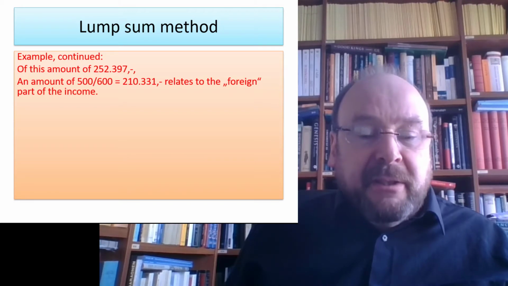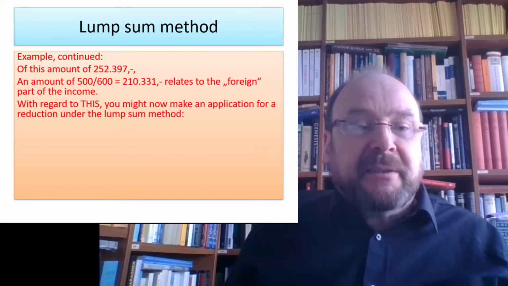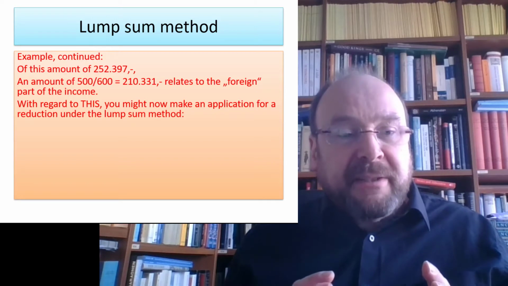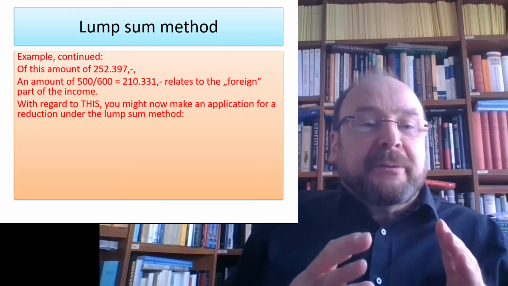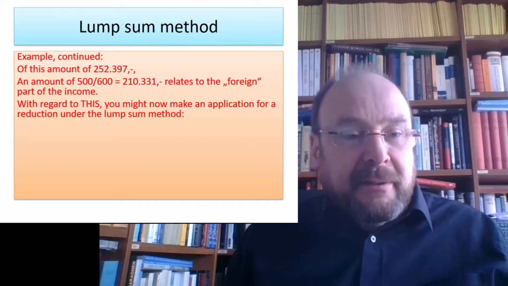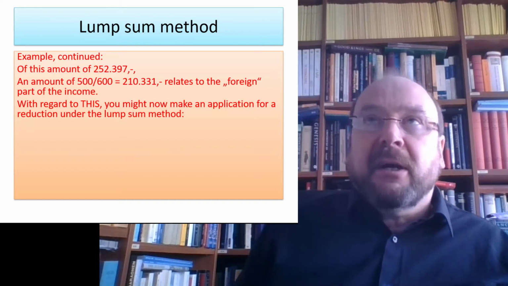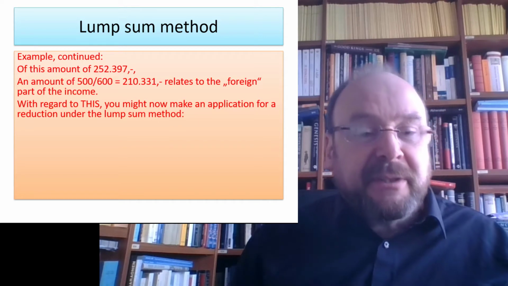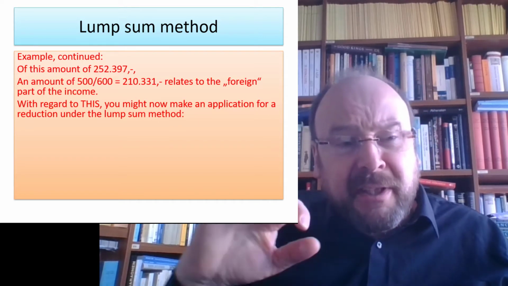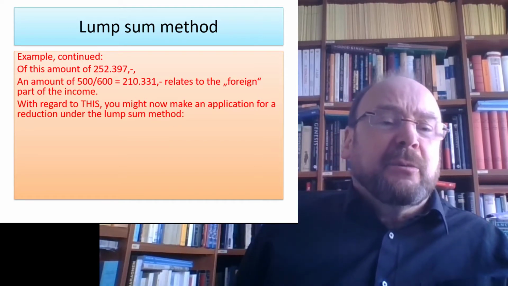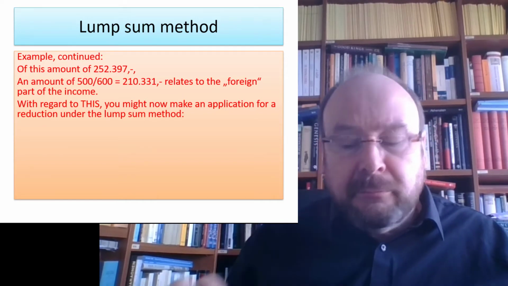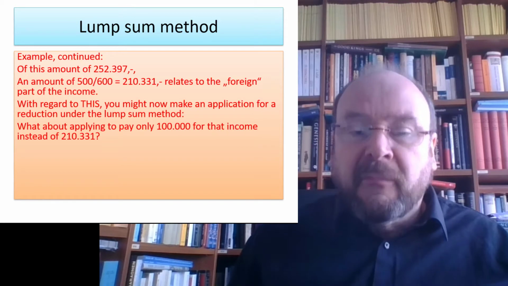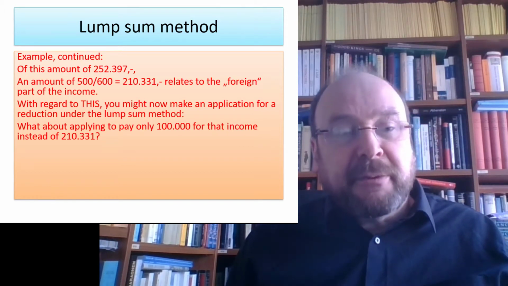It might also be that you can't motivate the fisc to agree to such a generous solution, so that you make a suggestion under the method and say, okay, instead of 210,000, that's a bit harsh. I also have to pay taxes in that other country. What about paying 100 instead of the full 210?